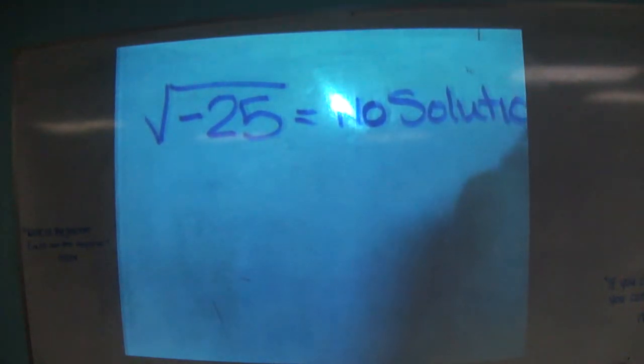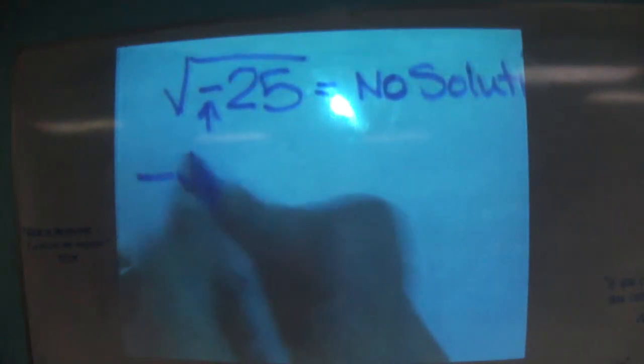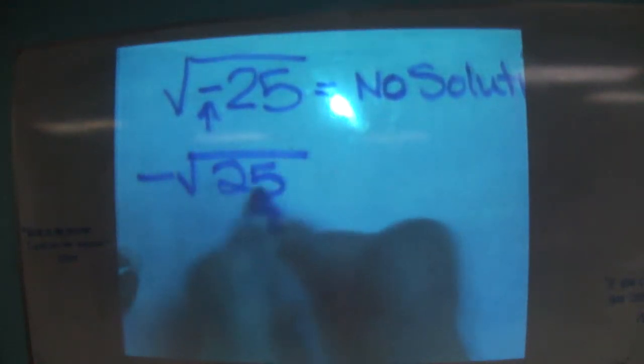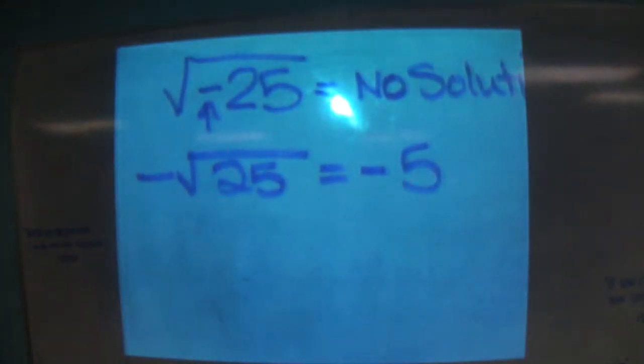You cannot have a negative inside. Negative square root of 25 equals negative 5. What's the difference? The negative. Since the negative's inside the 25, you can't multiply it by 5 times 5 or else it'll be a positive. When it's outside, you could divide 25 by 5 and get 5, and then the negative's on the outside, so then you get negative 5.